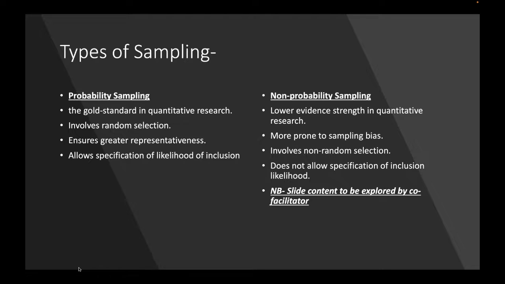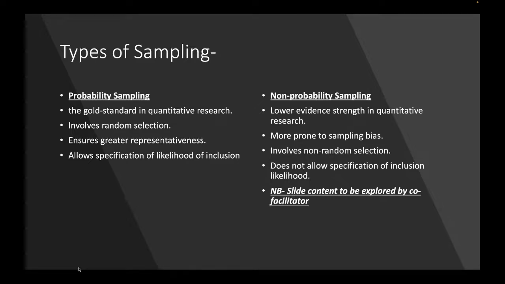And that whole non-probability sense of it, or your sampling approach, then becomes subjected to questions about how biased it was or how biased it is not. And of course, non-probability sampling, because it is less about numbers, but more about judgments that people make, is more likely to be bias-ridden.